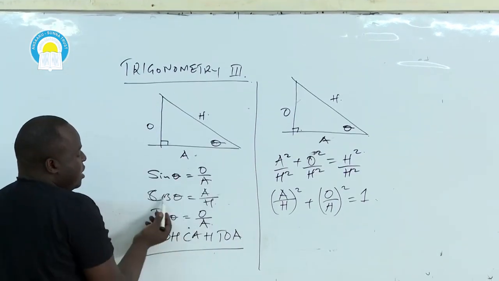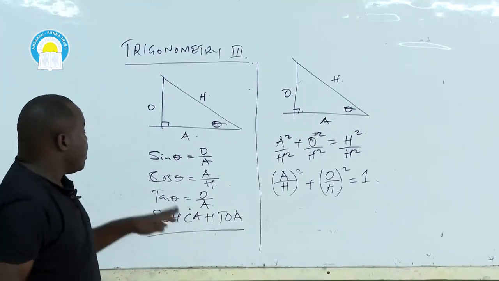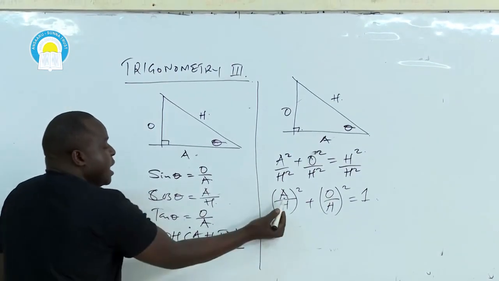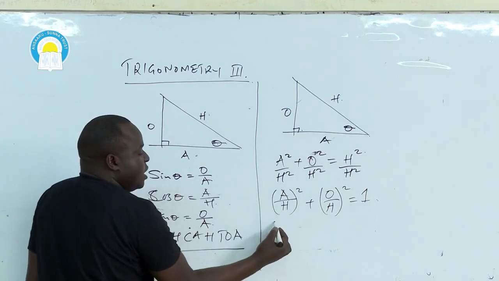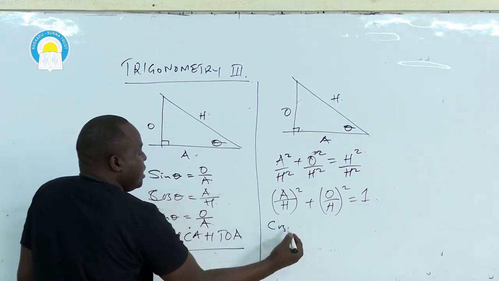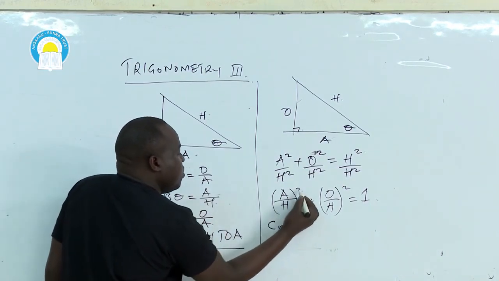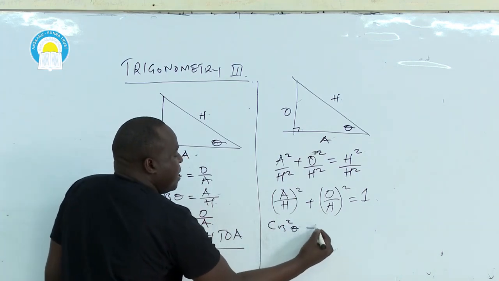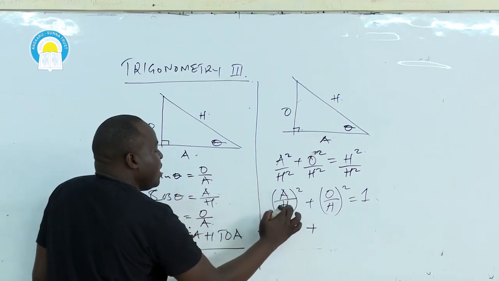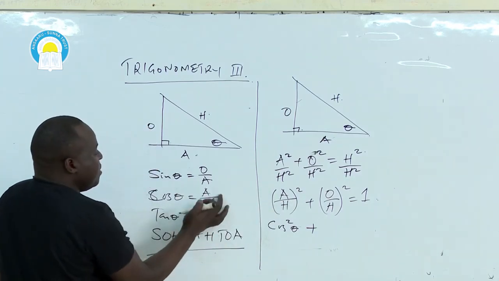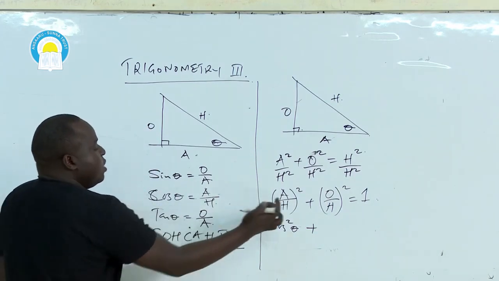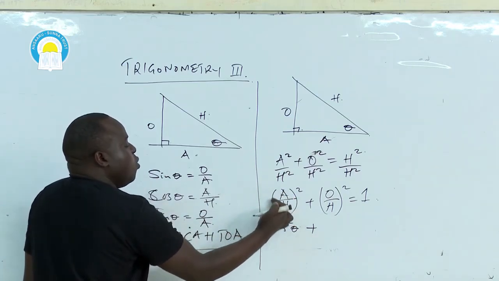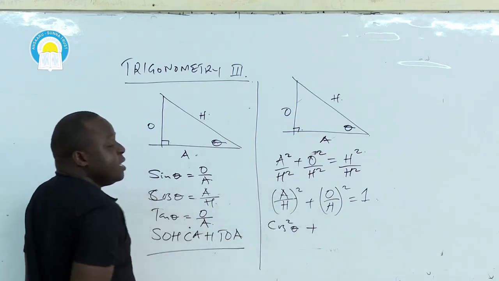A over h is represented by the ratio of cosine. So I can replace this statement with cos squared theta, because there is a square here, plus, you see, it's a over h, and a over h is the same as cos. So this statement here is the same as cos, but then there is a raised to 2.